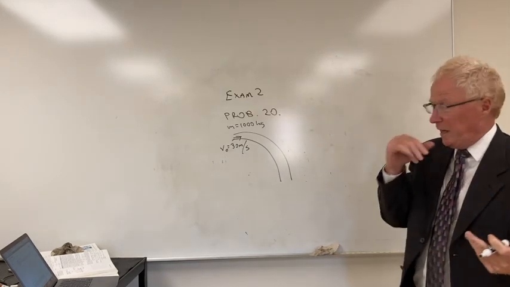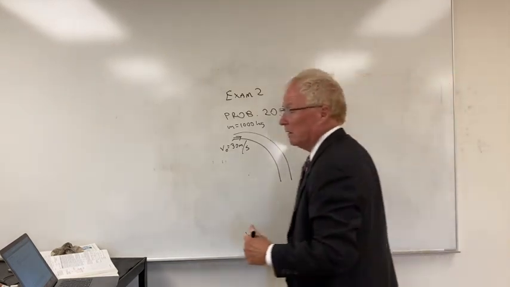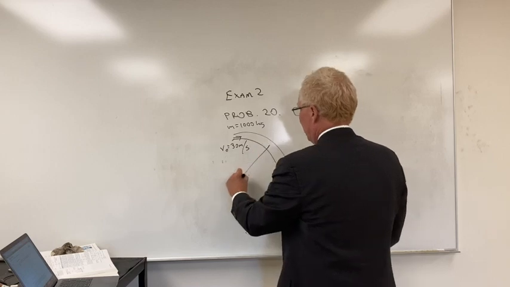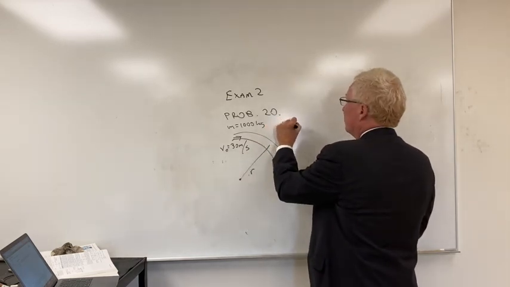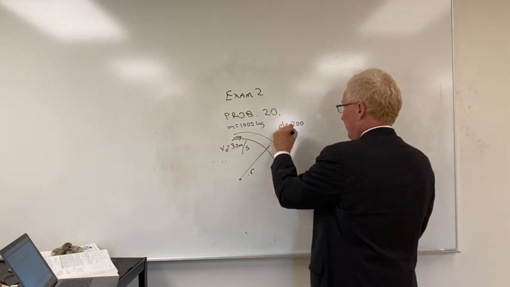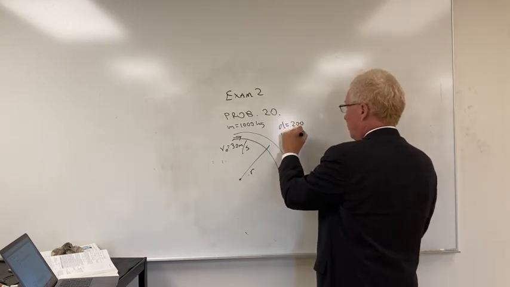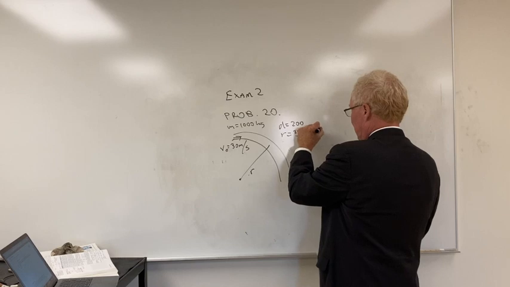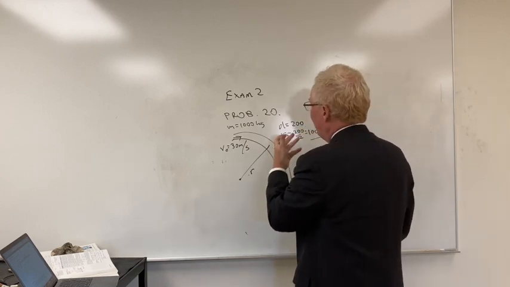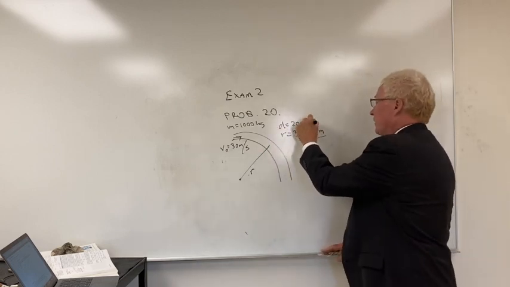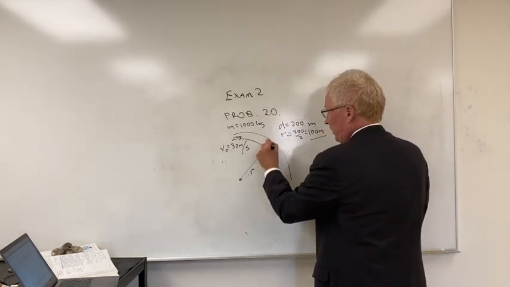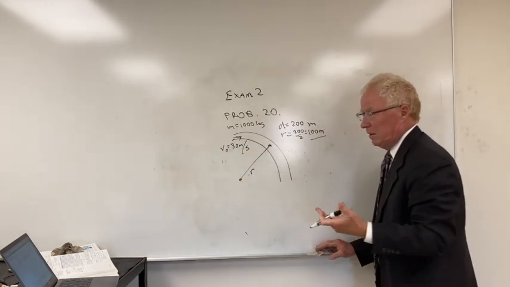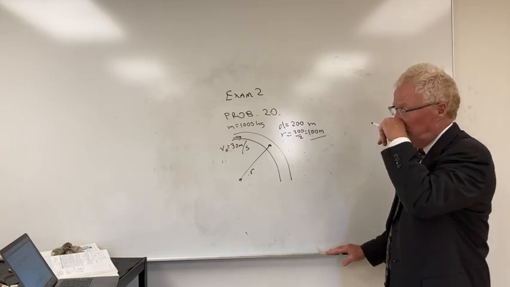You don't use that because we're in metric. It has a diameter of 200 meters, so the radius is 200 over 2, which is 100 meters. If you used the diameter instead of the radius, I took off half a point, because otherwise you did the problem right. But the radius is 100 meters, so you have to keep that in mind.